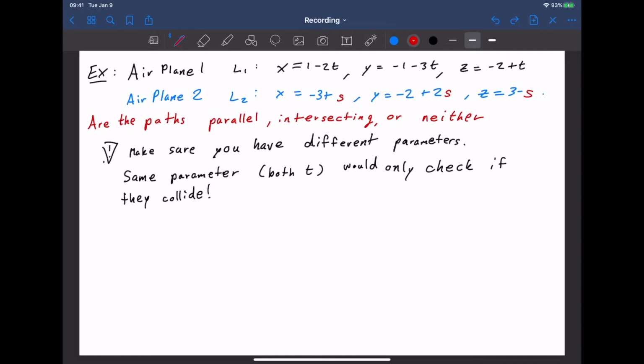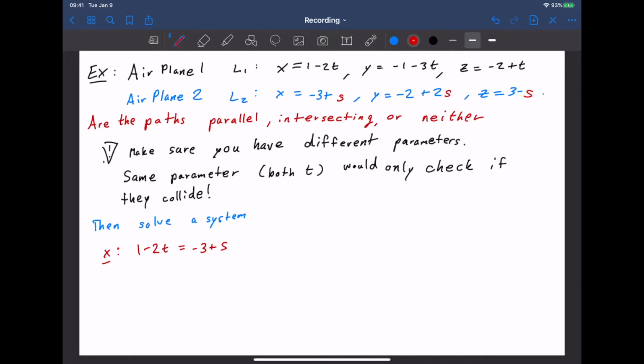Now we're going to start to solve a system of equations. So we have these 3 different equations for each line. We're going to start by comparing the x's. For my x's, I have 1 minus 2t equals negative 3 plus s.